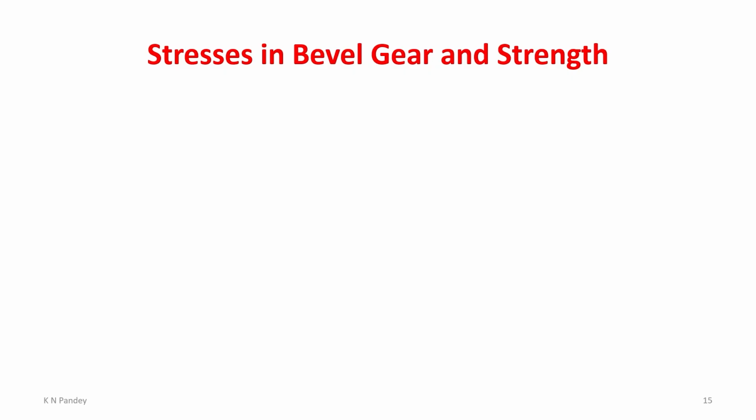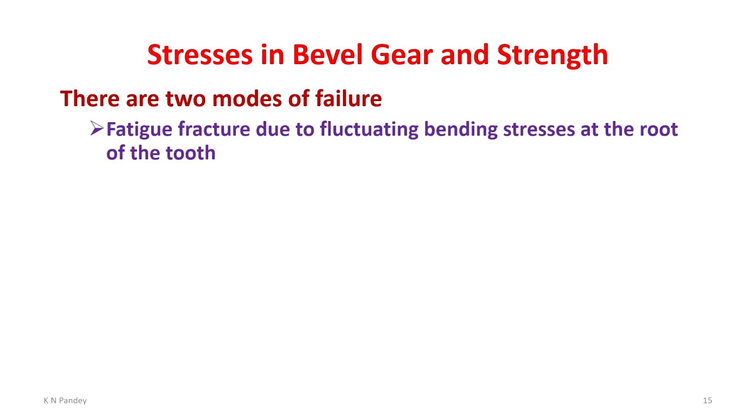Bending stresses act at the root of the gear tooth, and the contact stress acts at the point of contact when the mating gear tooth comes in contact with the gear in mesh. The stresses are the bending stress and the contact stress.